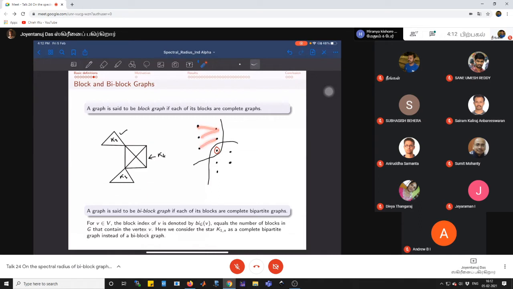So this is K3,3, and this part is K3,2. So here it is a bi-block graph where these two are the blocks, and this is the cut vertex.